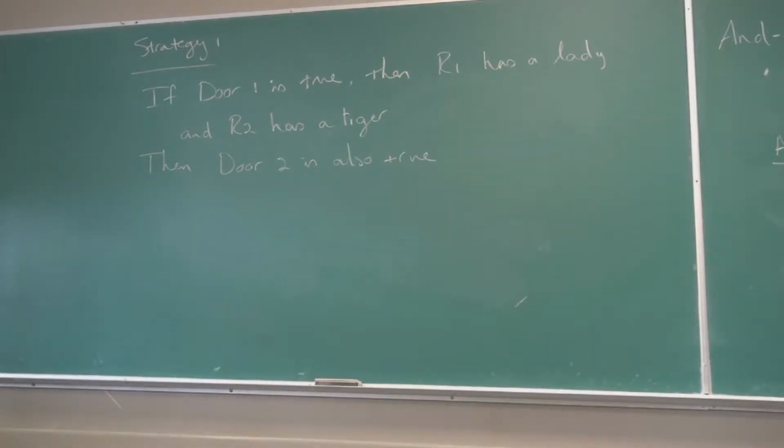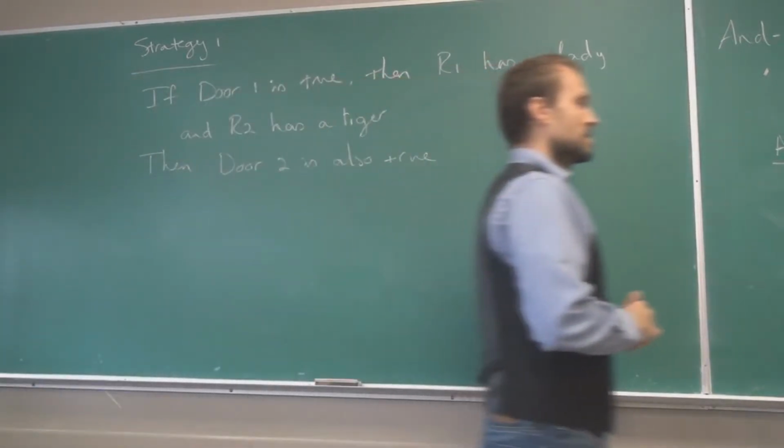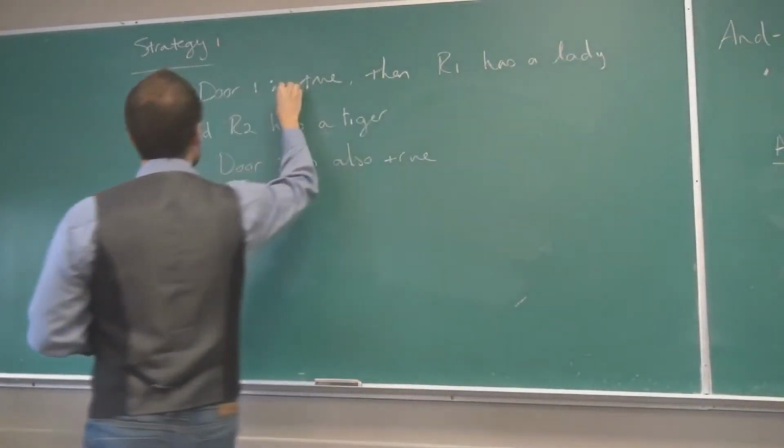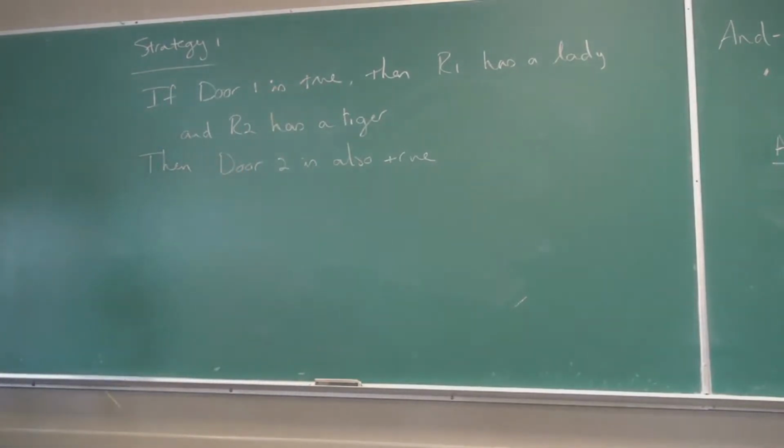But what did the king say early in that exercise? The king announces that one of the signs is true and the other one is false. So the king cannot be questioned. The king gives me extra information about the setup of the puzzle. So if I assume door 1 is true, then door 2 is automatically true as well. But that goes against what the king is saying.